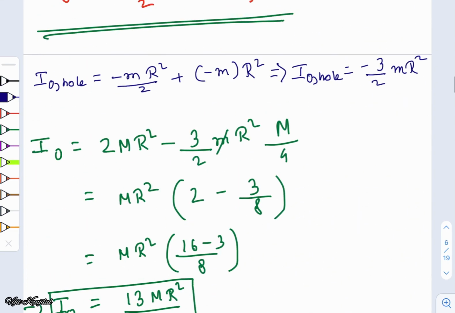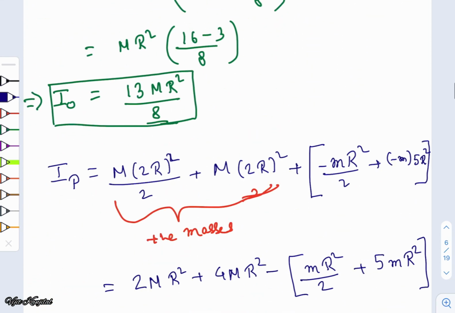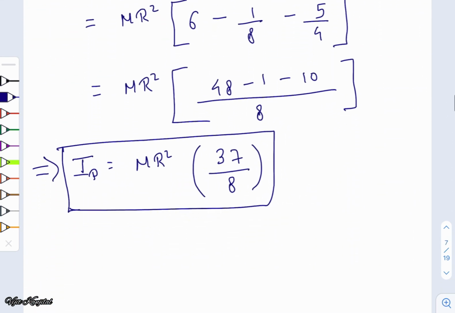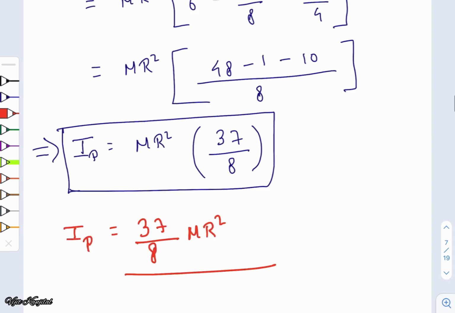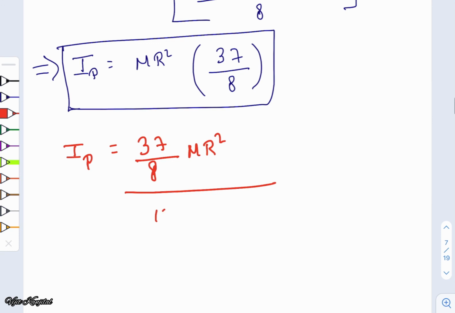So what do we need to calculate? We need to calculate IP by IO. So IP is 37 by 8 M r squared, and what is IO? IO is 13 M r squared by 8.